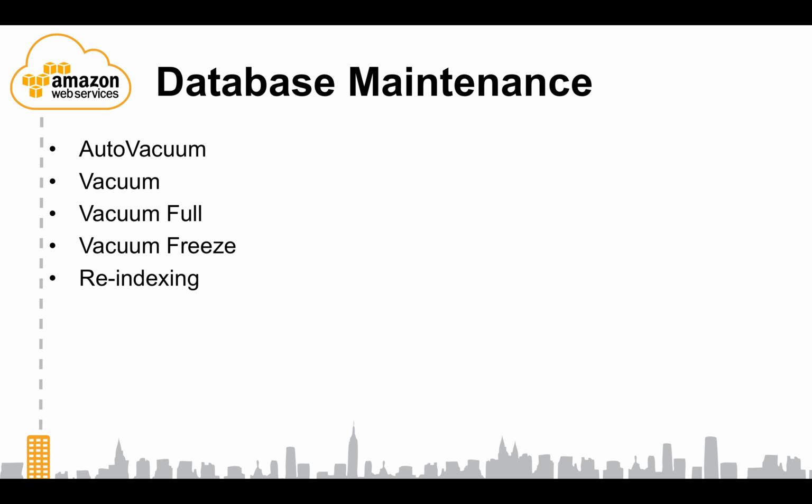Please note it does not let the space be used by other tables. That is, it does not release the space to the operating system. Vacuum is the same mechanism as auto vacuum, but it needs to be triggered manually, or we can schedule it in our cron jobs. We can also say crontab.